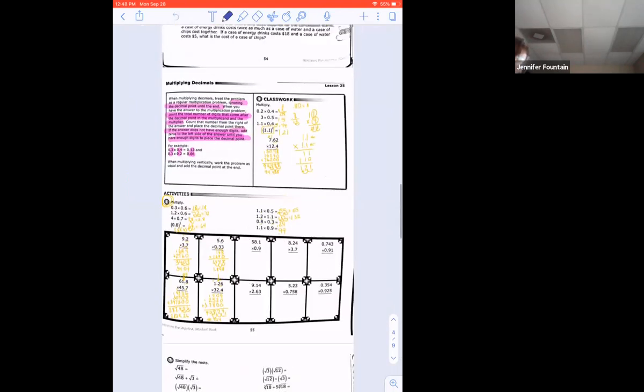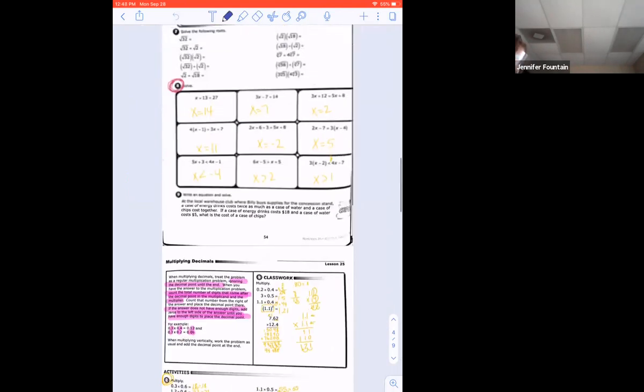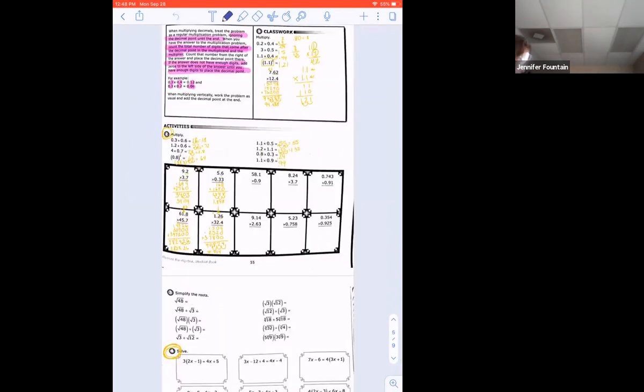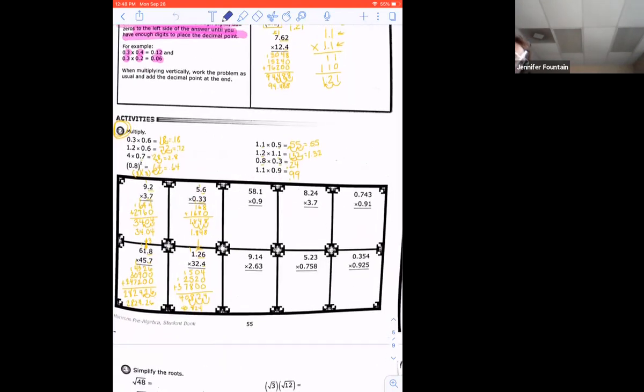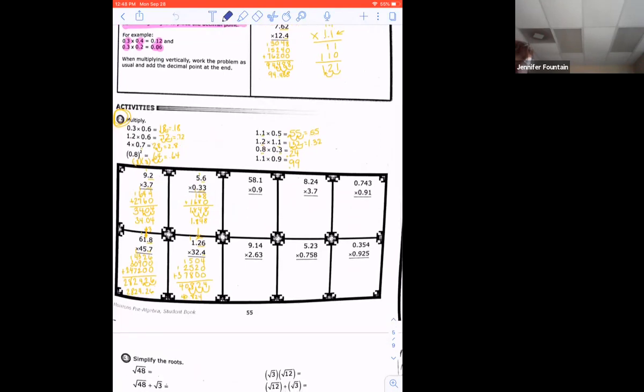All righty, well, let's go ahead and get started on lesson 25, activities 2. We're going to get those last 6 problems. We'll do the 3 across the top and then the 3 across the bottom. Let's see, so for activities 25. All right, so the first one is going to be 52.29.